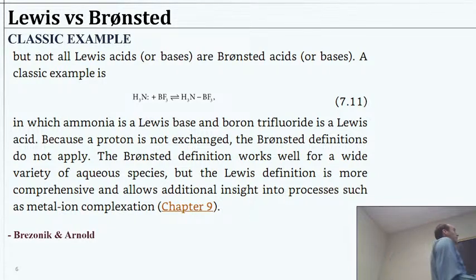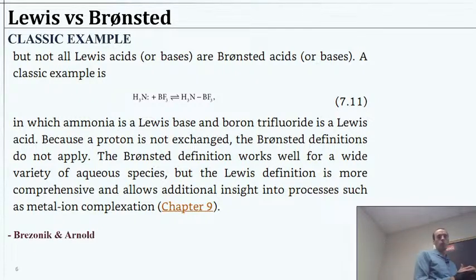The classic example of this is the case of ammonia, NH3. We could consider a reaction of boron trifluoride plus ammonia, in equilibrium with this combination, this molecule H3NBF3.